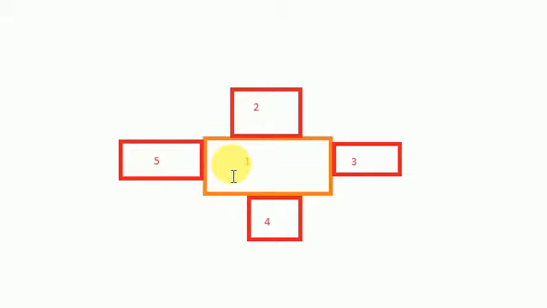So the only way these 4 countries will be in different colors is if they're connected. If they're not connected, they can just be in the same color. So right now I'll try to show how they might be able to be connected.